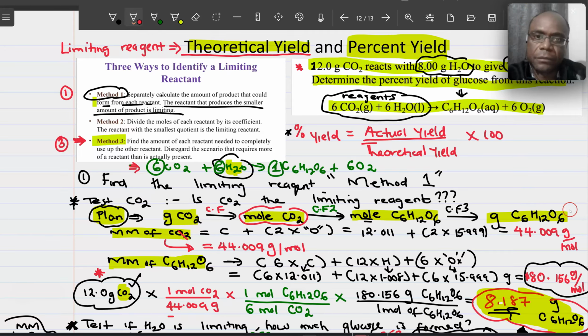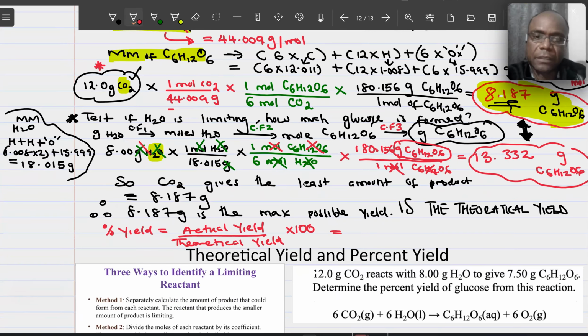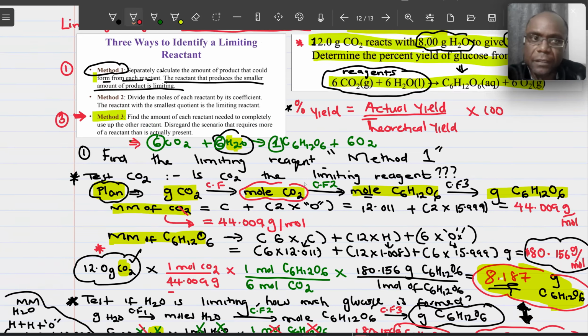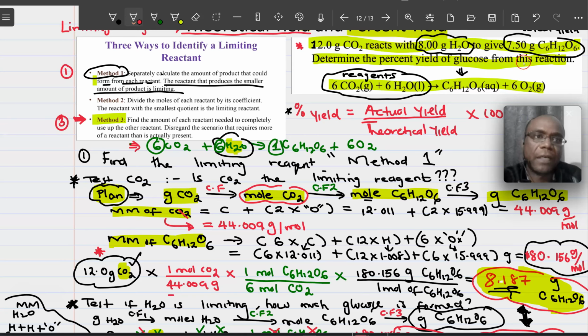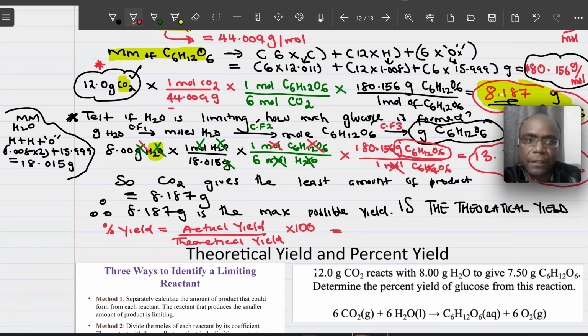So our actual yield is the 7.5 grams of glucose. We'll put the 7.5 grams here. That's our actual.